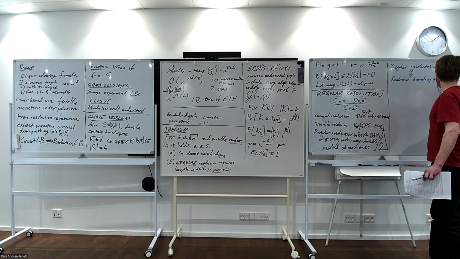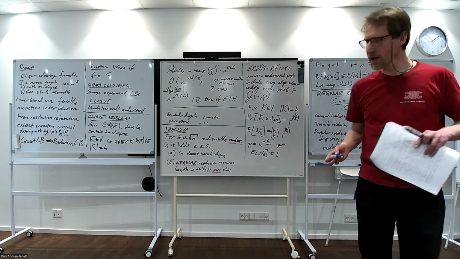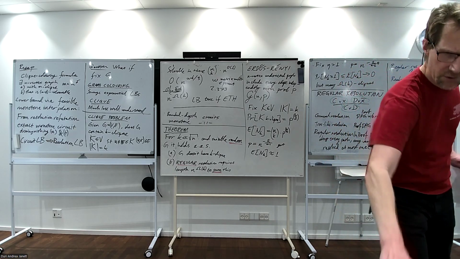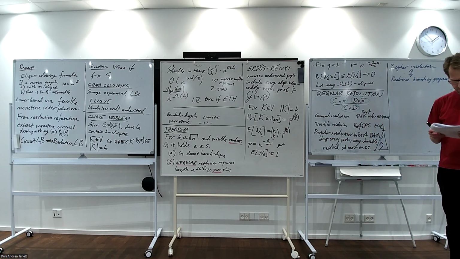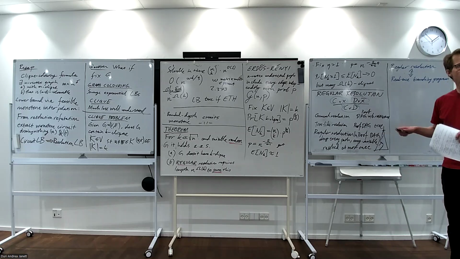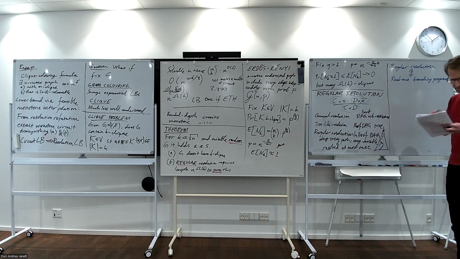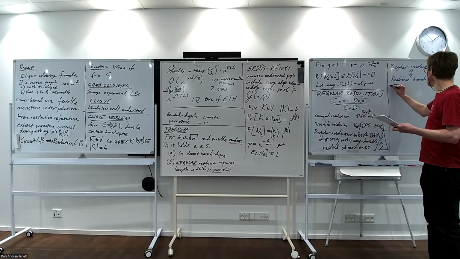And this is a helpful way to think about resolution. So let me talk about what a branching program is, and then let me tell you what the read-once restriction is. Okay, so what is a branching program?